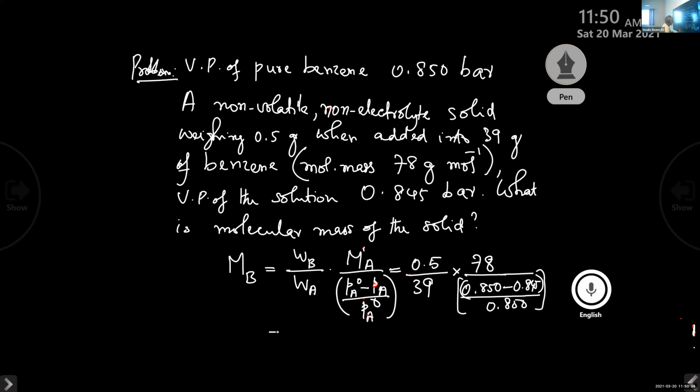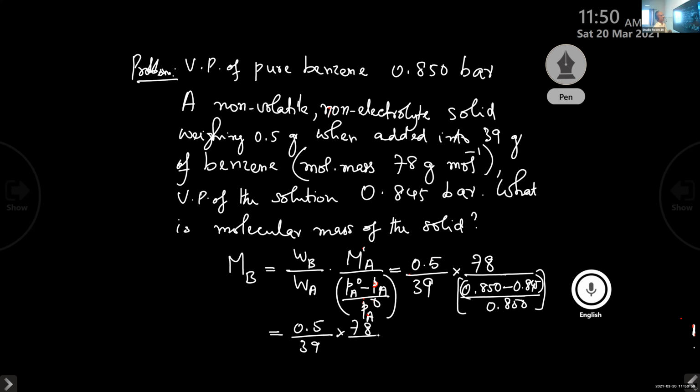And this is equal to, just rearrange, 0.5 by 39 into 78 by, what is the difference? 0.850 minus 0.845.